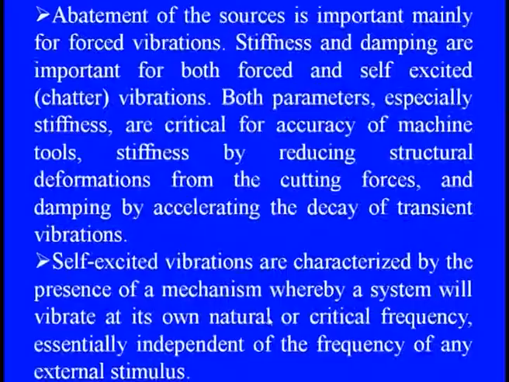Importantly, stiffness is a critical parameter for accuracy of the machine tool, because through stiffness we can reduce the structural deformation during the cutting forces, and damping is crucial for reducing or decaying the transient feature of acceleration, and once you do that, the transient feature of the vibration can be suppressed.